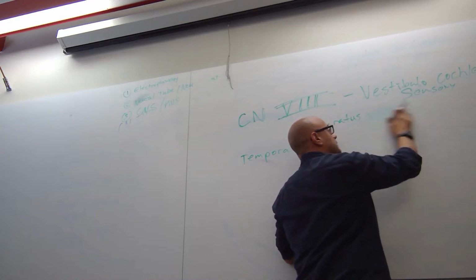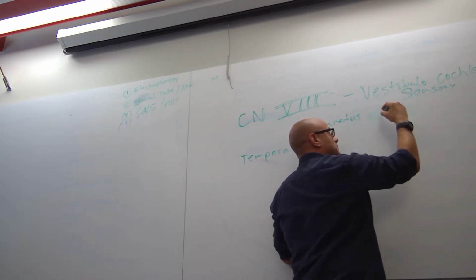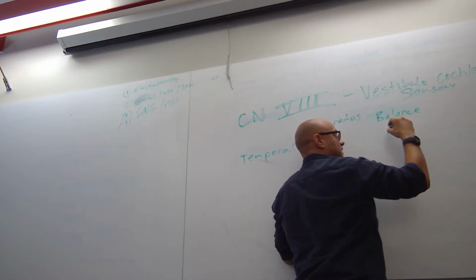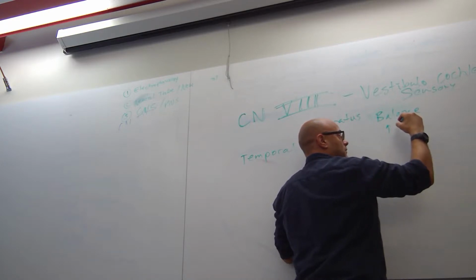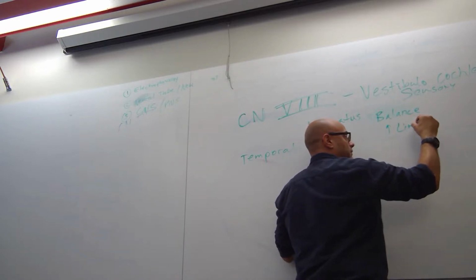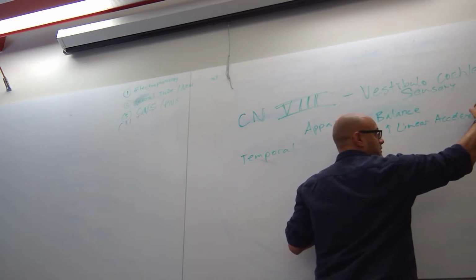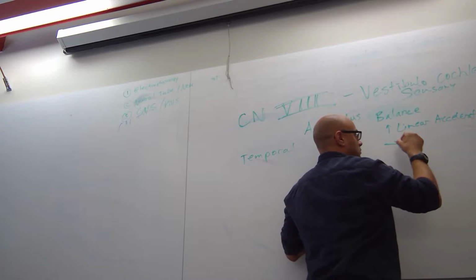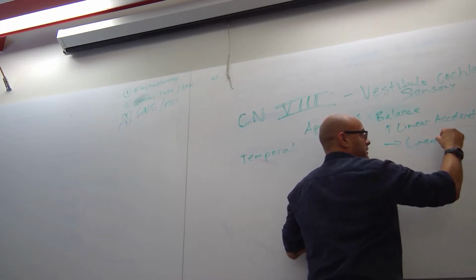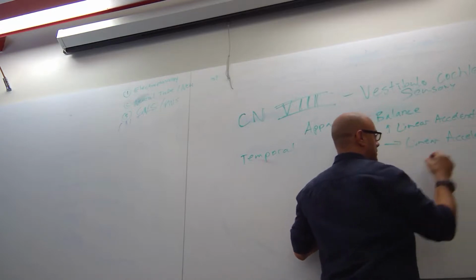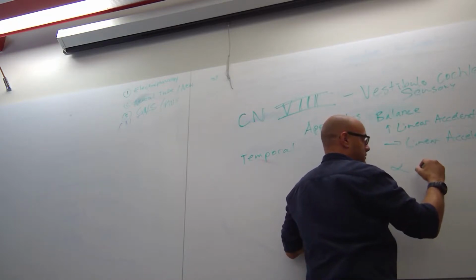It's for maintaining balance through the ability of sensing vertical linear, or the vertical component of linear acceleration, versus the horizontal component of linear acceleration, versus angular acceleration.